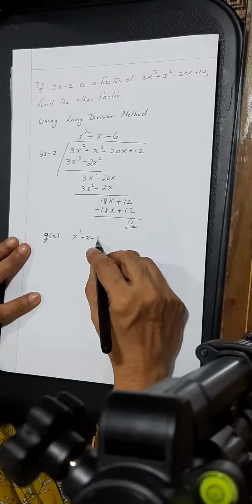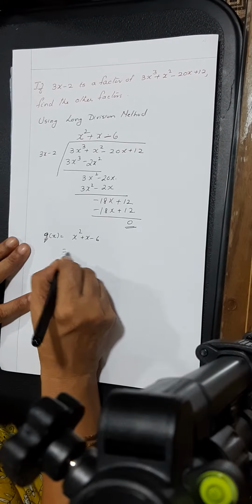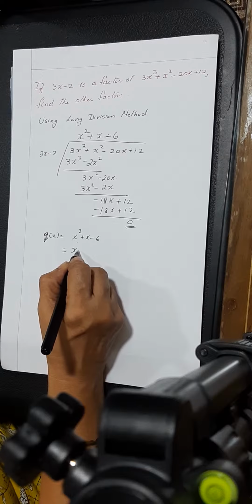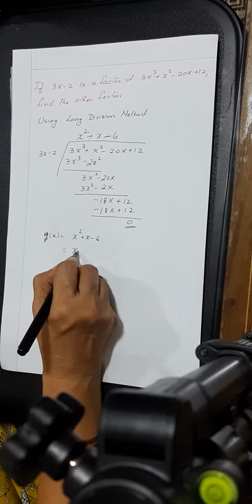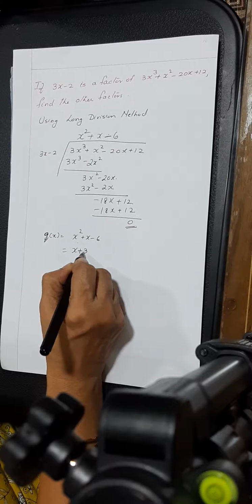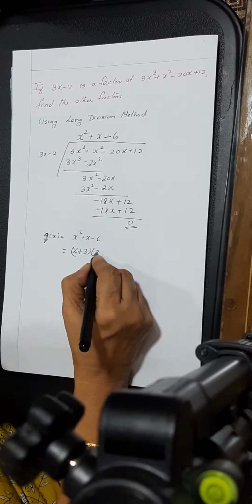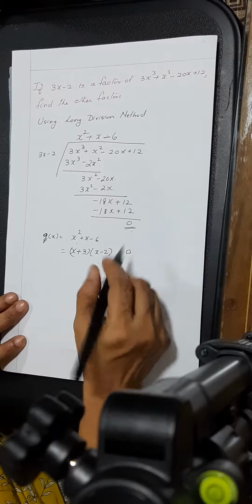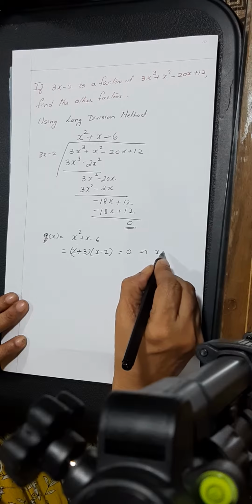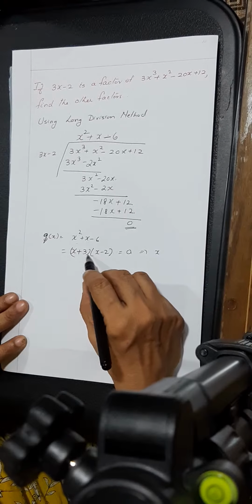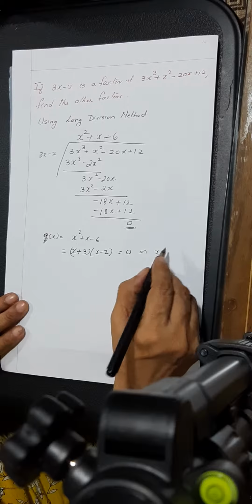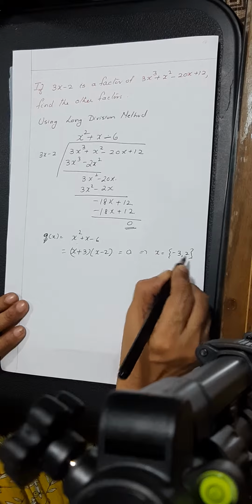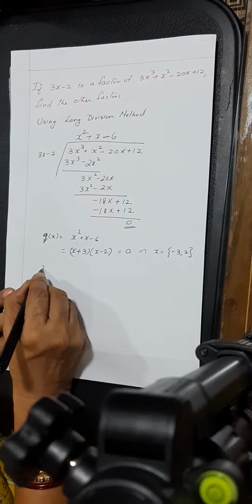If you factorize, splitting the middle terms, you get x plus 3 into x minus 2. So equate it to 0. So from this you will get x is equal to minus 3 and 2.